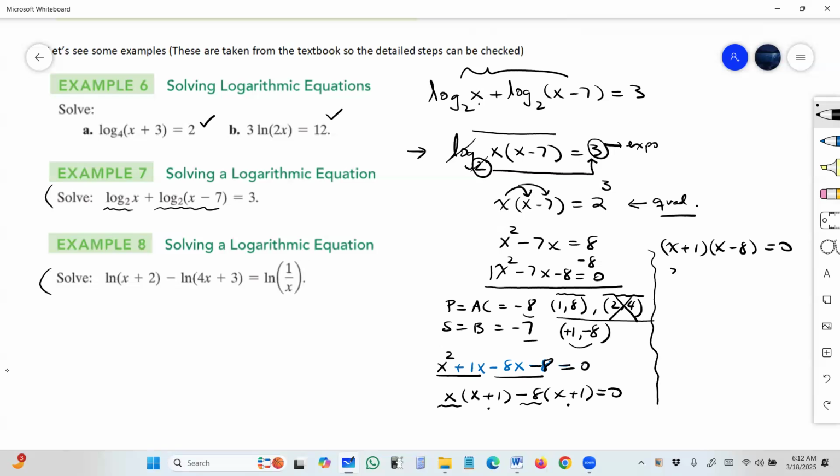Now, by the zero product rule, I set this factor to 0, solve for x, set this factor to 0, solve for x. Obviously, very simple at this point: -1 on both sides, +8 to both sides.